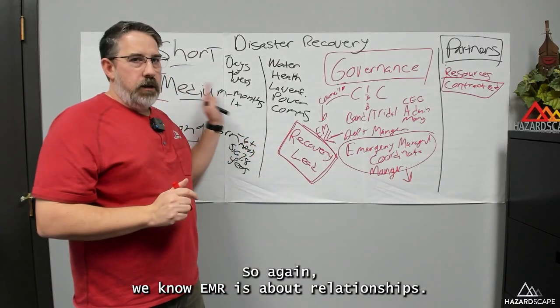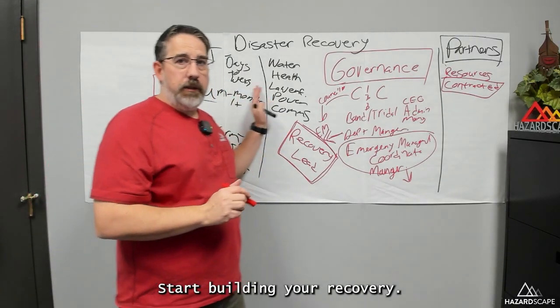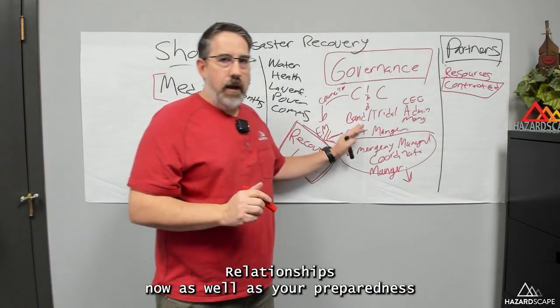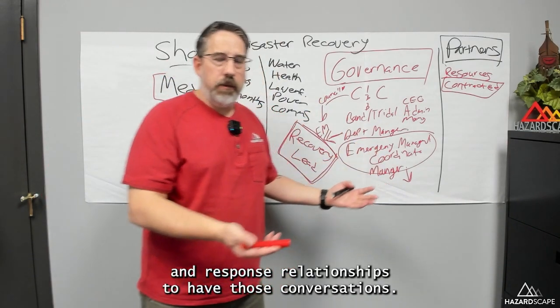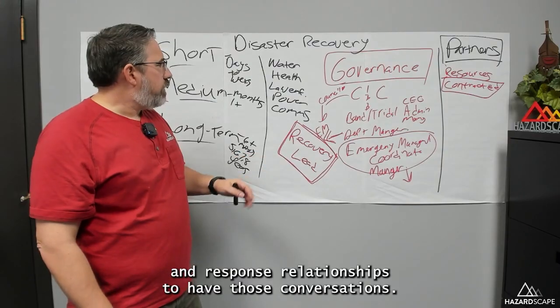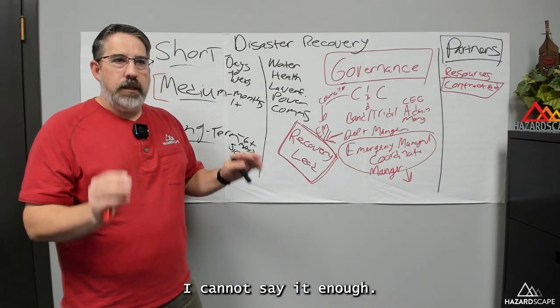So again, we know EM is about relationships. Start building your recovery relationships now, as well as your preparedness and response relationships too. Have those conversations. I cannot say it enough.